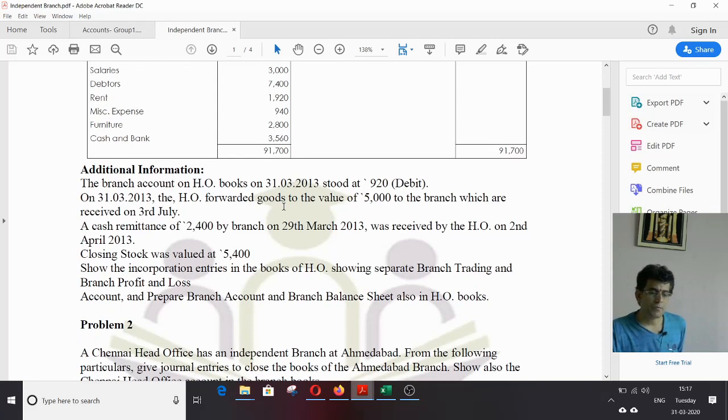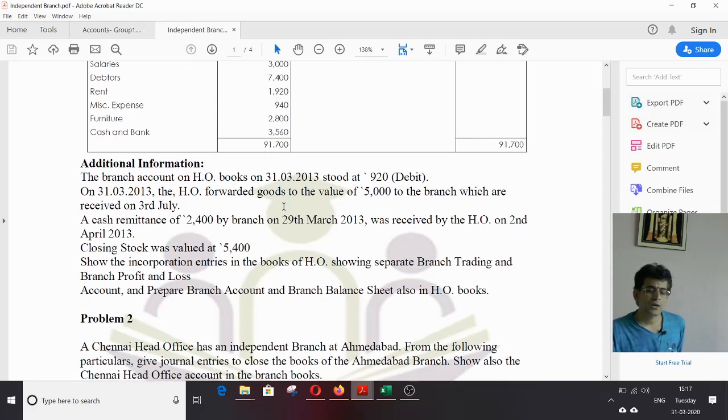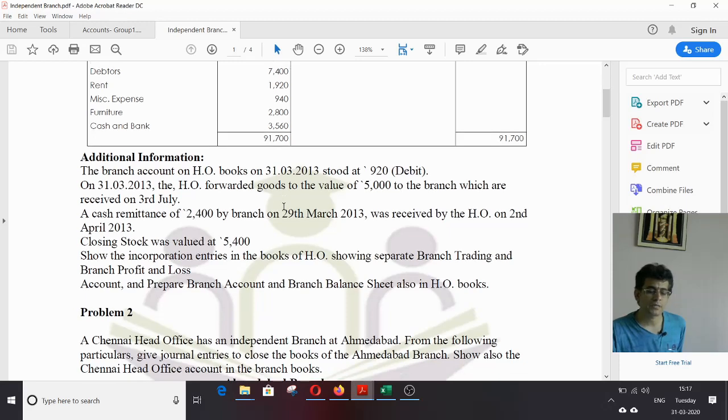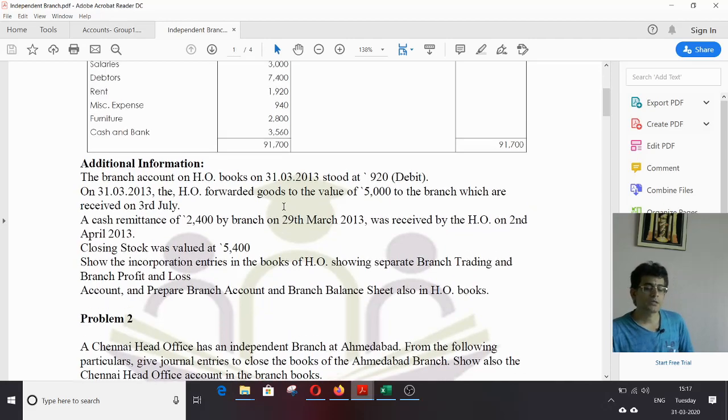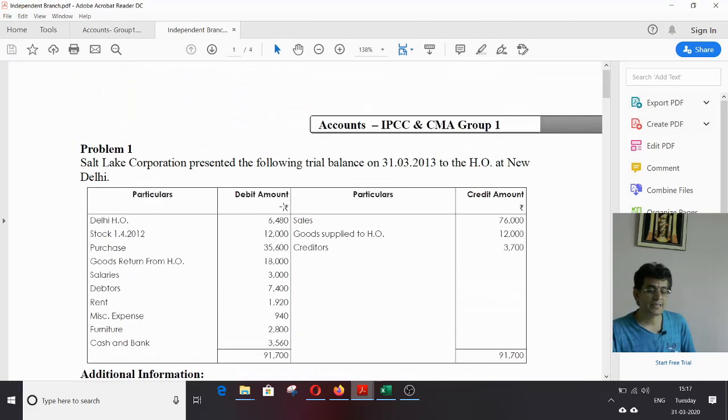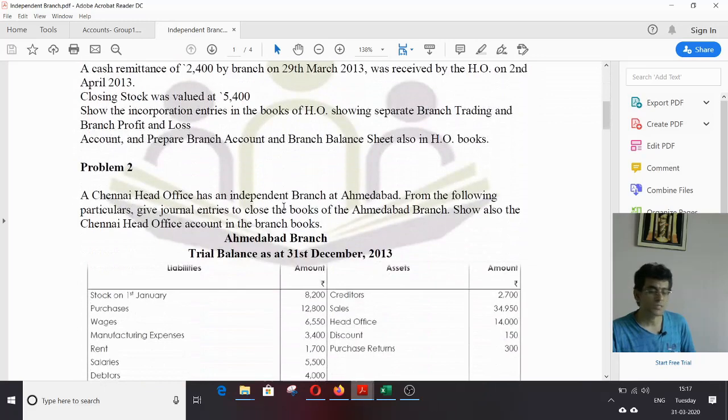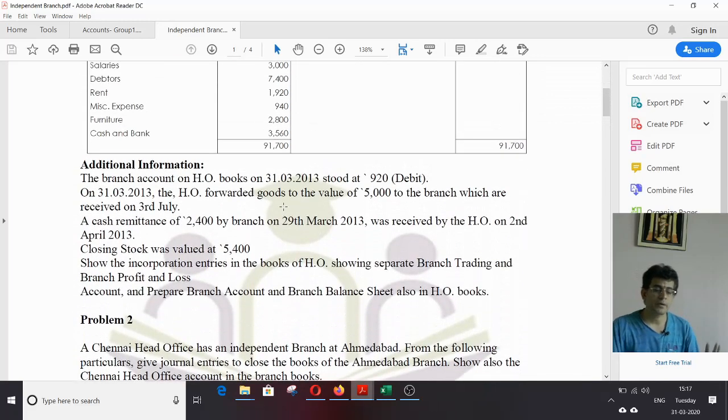On 31st March 2013, head office forwarded goods to the value of rupees 5,000 to the branch, which was received on 3rd July. That means what is the date of the trial balance? 31st March 2013. On this date, head office forwarded the goods of value 5,000 to the branch, which were received by the branch on 3rd July.